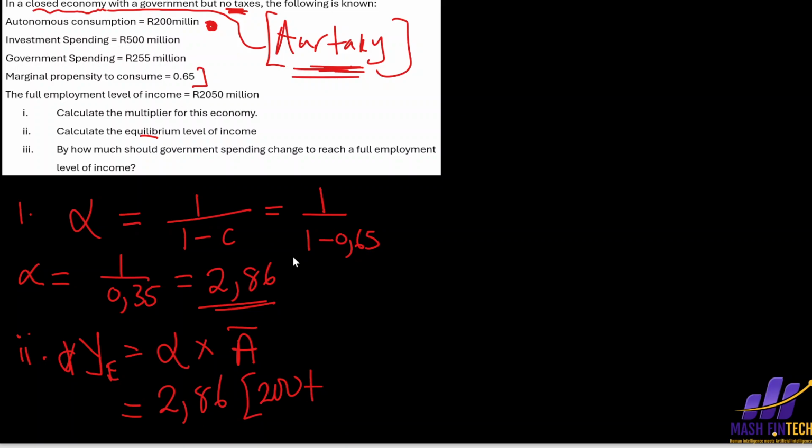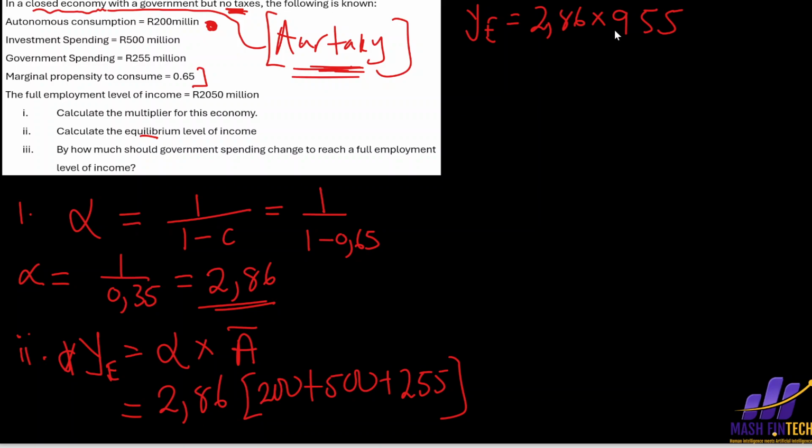Investment spending is autonomous, 500. Government spending is autonomous, 255. So we add this. The equilibrium level of income is the multiplier 2.86 times the total autonomous expenditure, which, if you add 200 plus 500 plus 255, you must get 955 million.